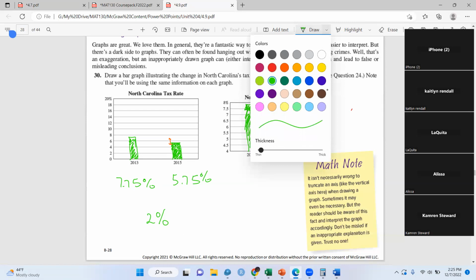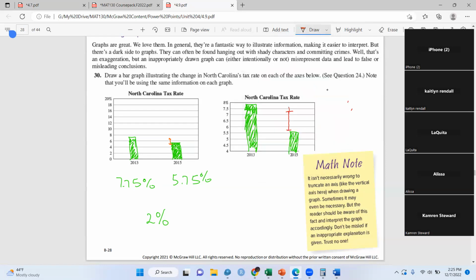So the way the scale is drawn, by the way, both of these are drawn correctly in terms of the scale. It's just this scale highlights the difference between the two. It's like we zoomed way in to exaggerate the difference between the two bars.